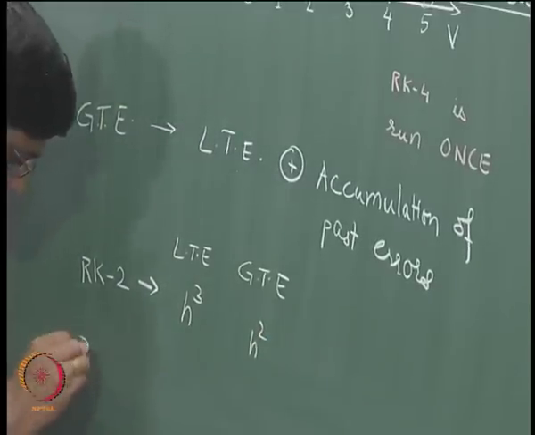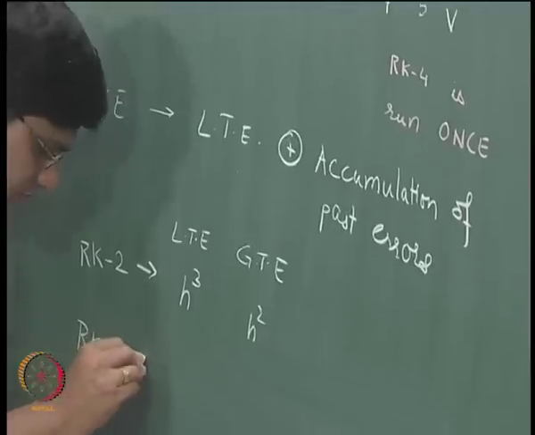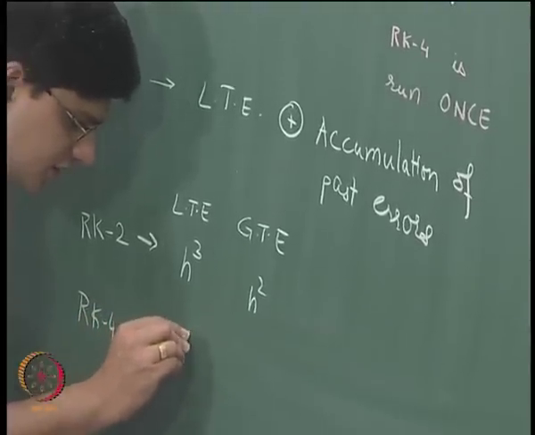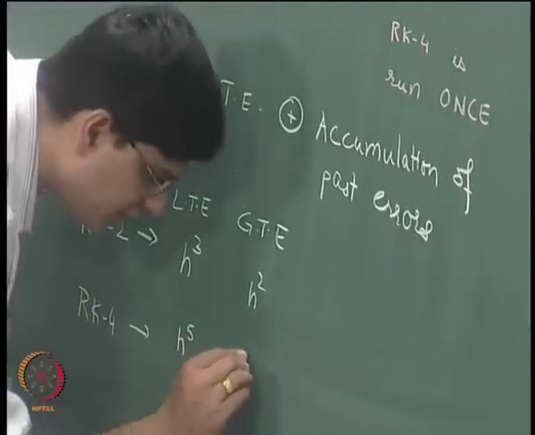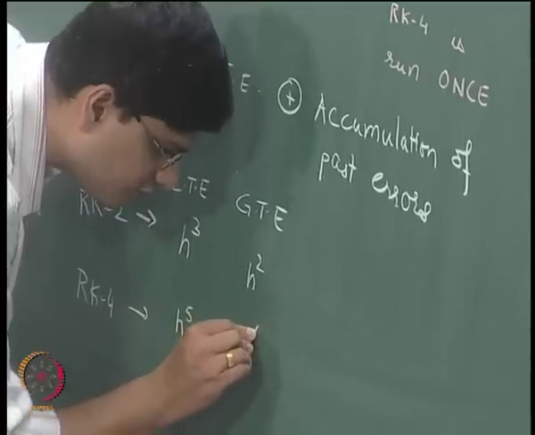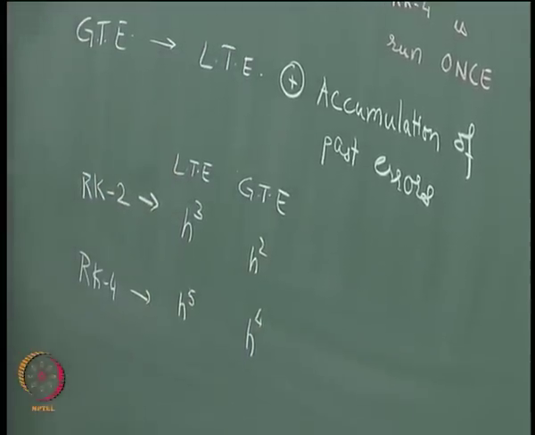For the RK4 method, the local truncation error was h to the power 5, and the global truncation error would be of h to the power 4.